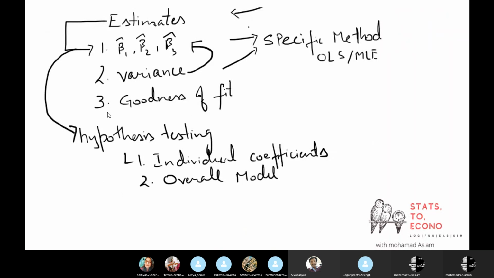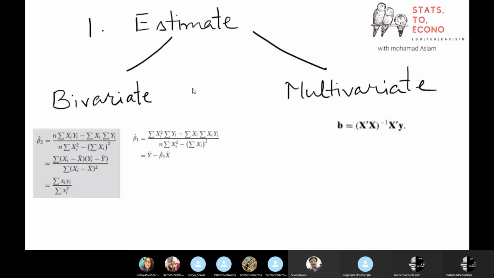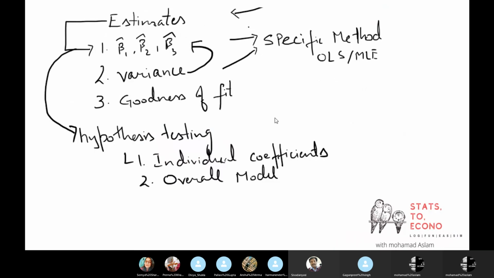And in the end, after the estimates, goodness of fit and variance, as we have been doing from the very beginning with descriptive stats, hypothesis testing is required. That is, the coefficients which you have estimated with the bivariate or matrix method, are they statistically significant?